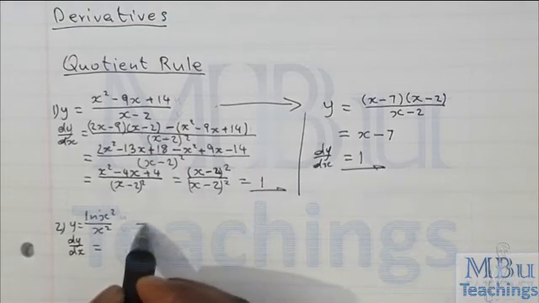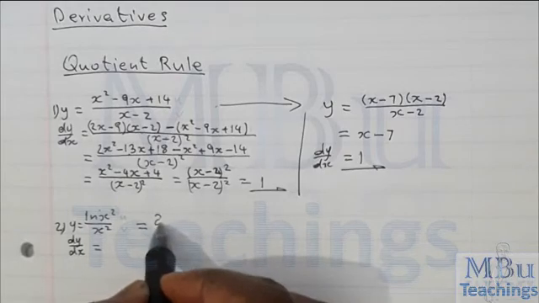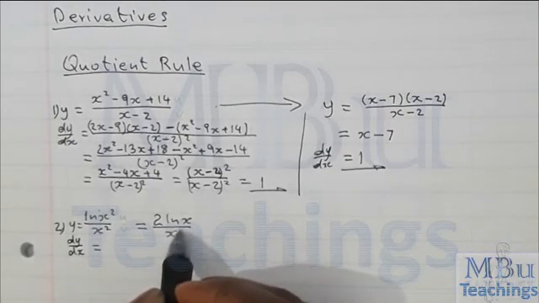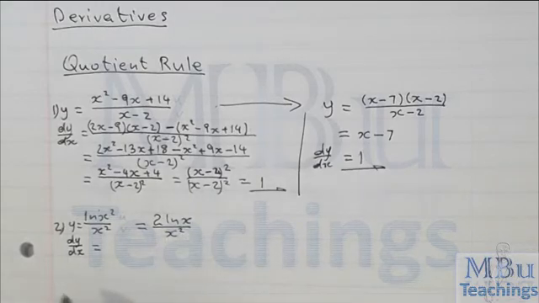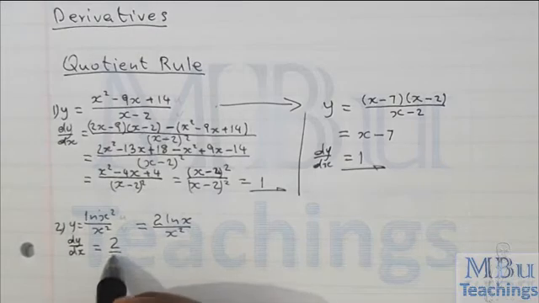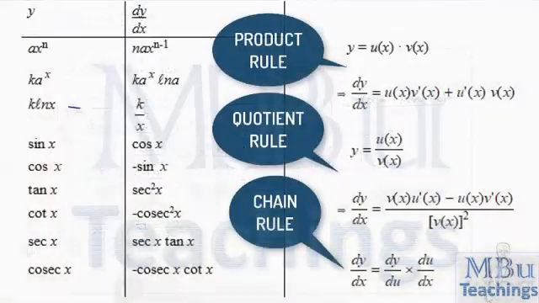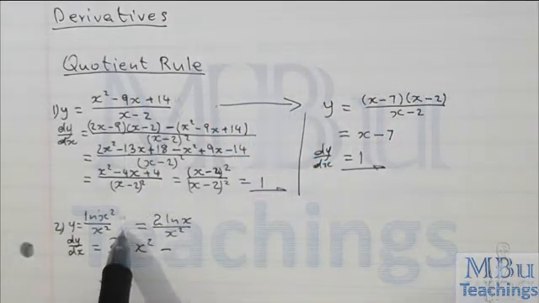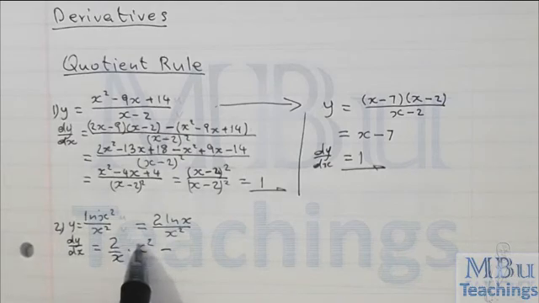Okay, we can rewrite it first so that it becomes 2 ln x over x squared. Then now let's derive. So this is 2 over x times x squared, minus. Remember, here we said we will have a minus. We derived u, then we multiply by v.